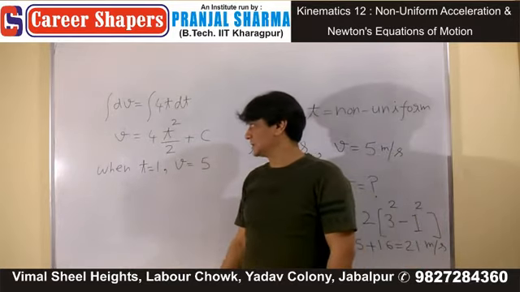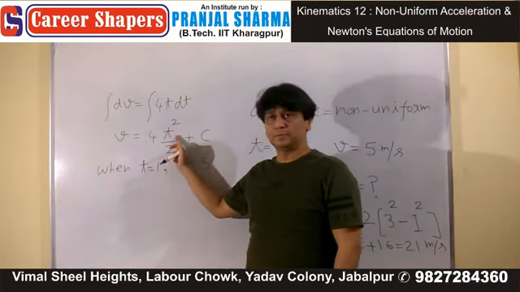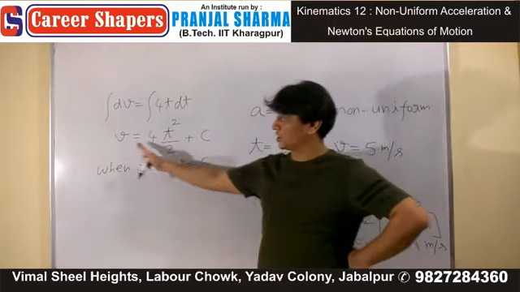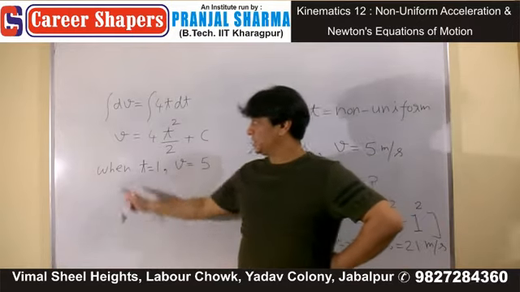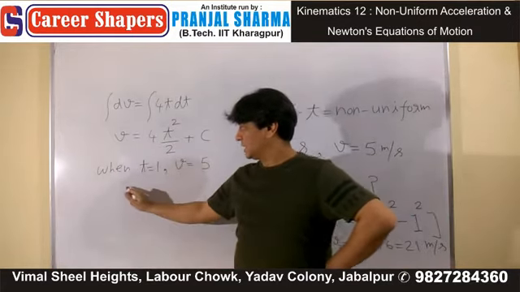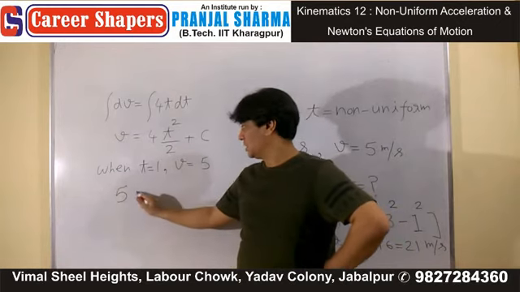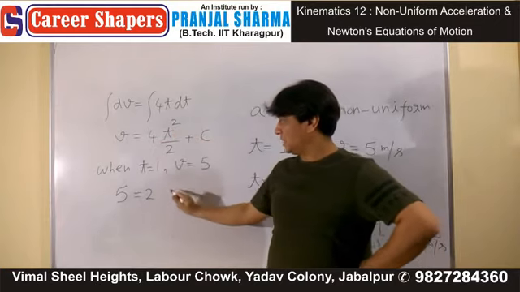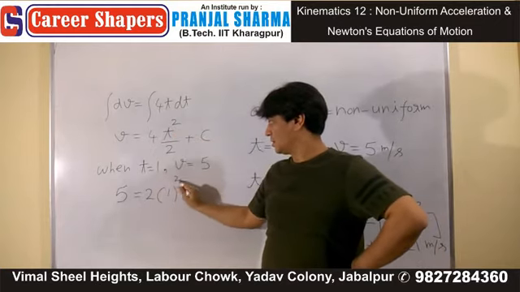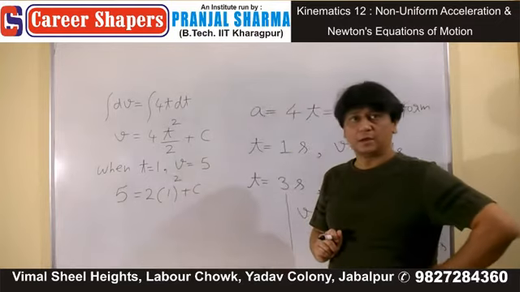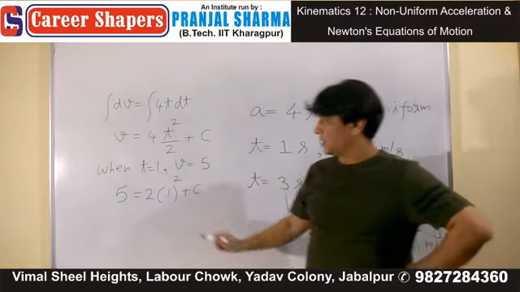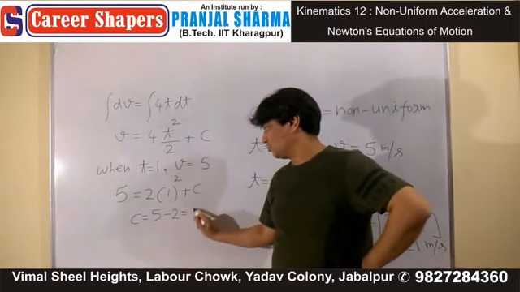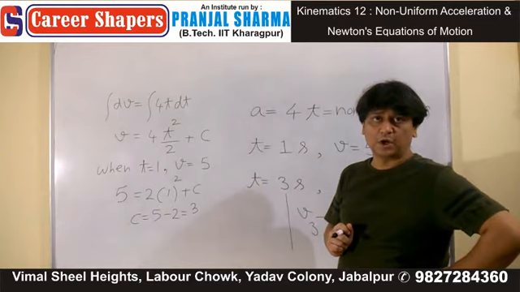Integration tells us that if you know time, then v can be calculated using this equation. Which means v is 5: this is 2, t is 1, plus c. We get the value of c as 5 minus 2, which is 3.